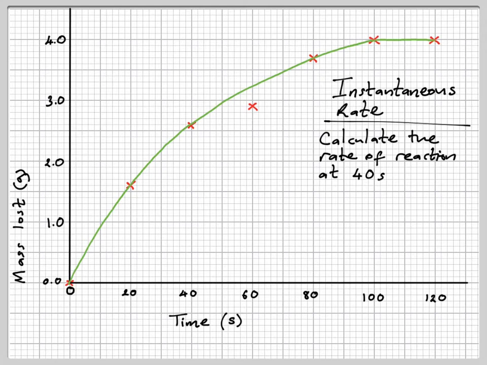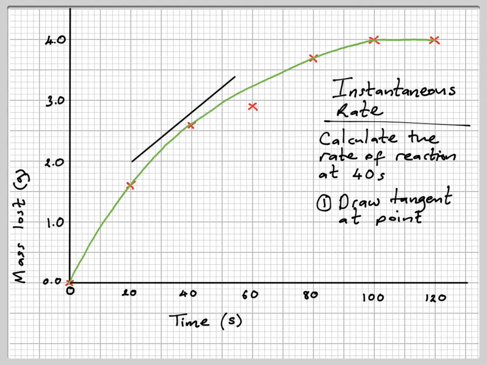So a summary of the steps would be: first step, draw tangent at the point you want to calculate it. In this instance, it's 40 seconds. So over here at 40 seconds, I would have to draw a tangent. So I draw a line that just touches the curve and follows the path of the curve at 40 seconds.